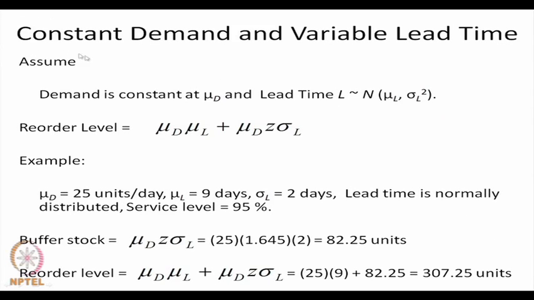Now, we consider the case when the lead time is variable, but the demand is constant. So, here demand is constant at mu d, but the lead time L follows normal distribution with mean mu L and variance sigma square L. Here the reorder level is as before, the expected value of the demand during the lead time, which is mu d into mu L, plus a buffer stock created because the lead time itself is changing, and that is Z into sigma L into mu d.